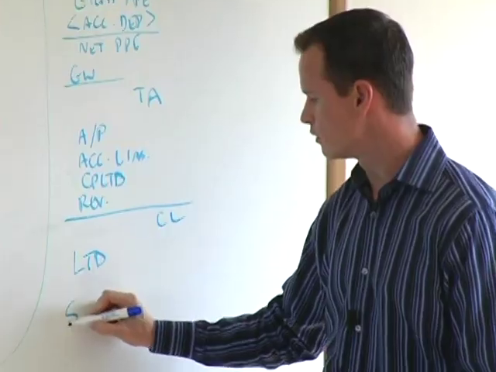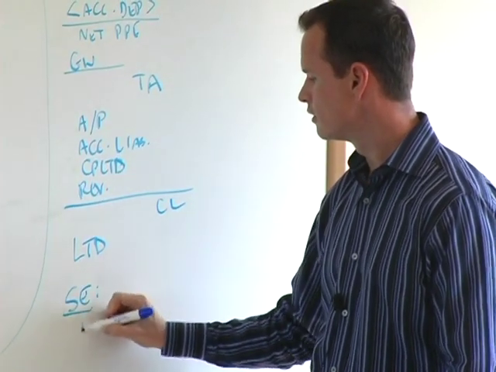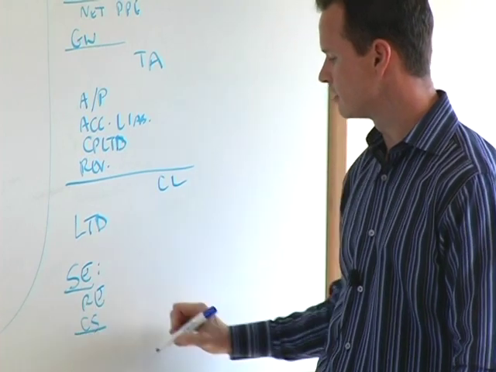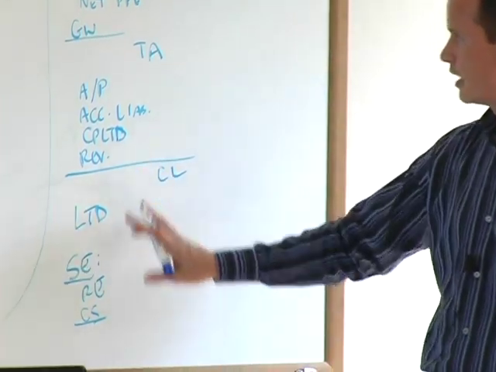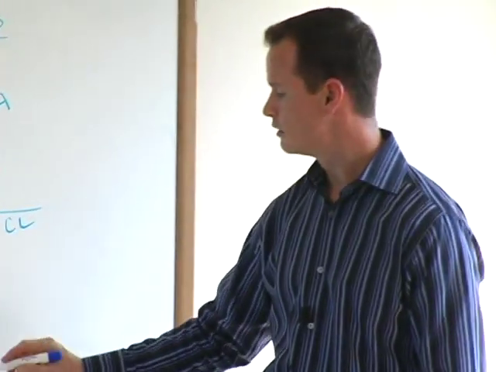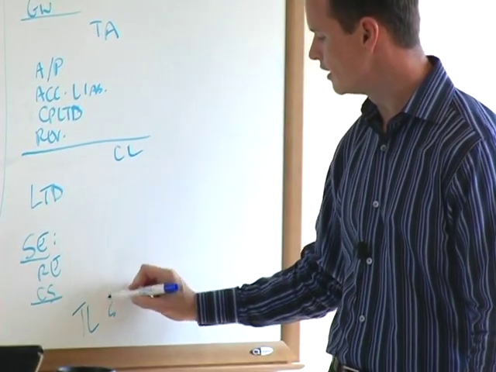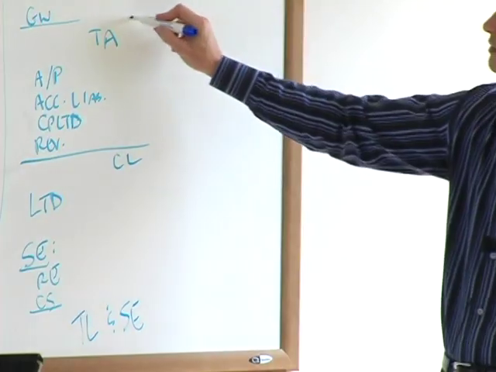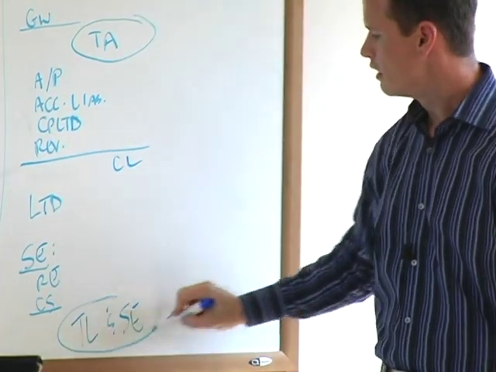And then we've got our shareholders' equity accounts, retained earnings, common stock, etc. I am just abbreviating here. And then total liabilities and shareholders' equity obviously have to equal total assets. All right, so that's kind of a rough outline of how the statements work together.